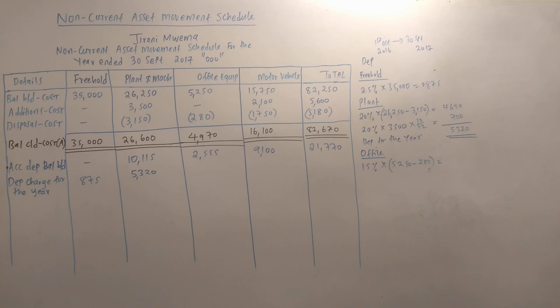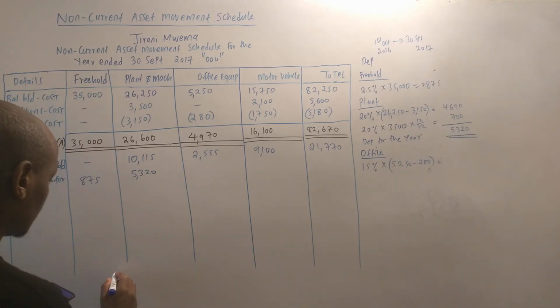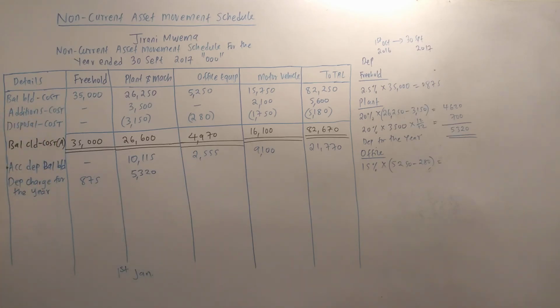And then now remember, let's go back to 280. Now remember 280 was acquired on 1st January 2017. Now we need to prorate it because they said we are supposed to prorate. So it was acquired on 1st January. Let's see how many days. Remember our year started in October 2016.